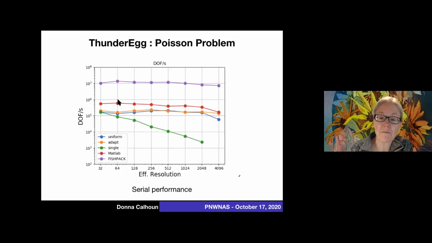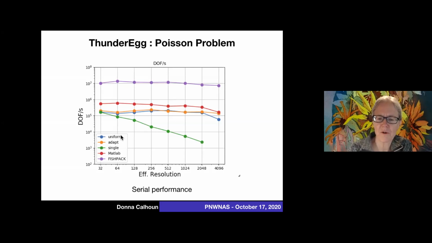We've also compared this to several other elliptic solvers out there, okay? At the bottom here, what I have is effective resolution, meaning the resolution at the finest level for the adaptive case. I've got 5 different codes that we looked at.